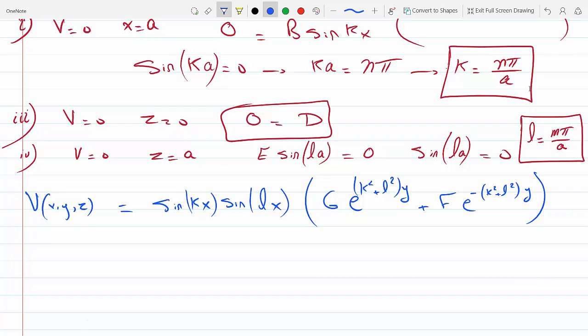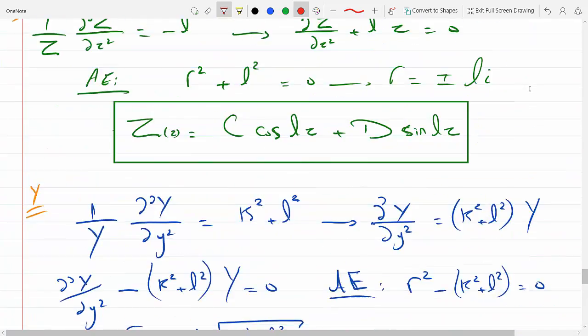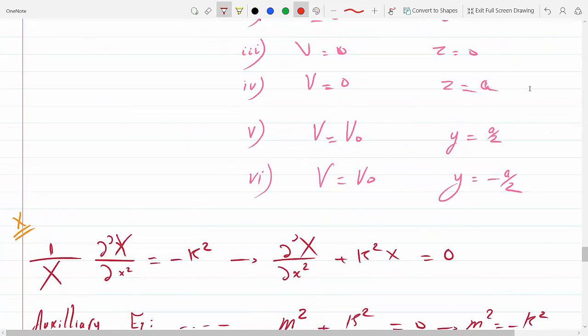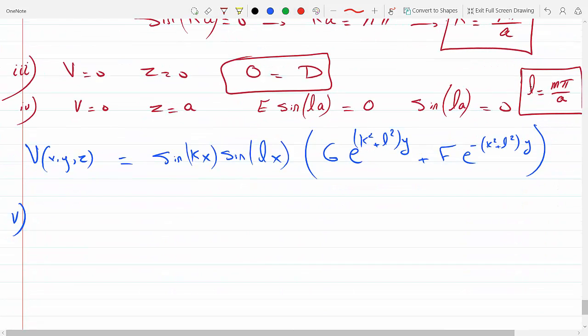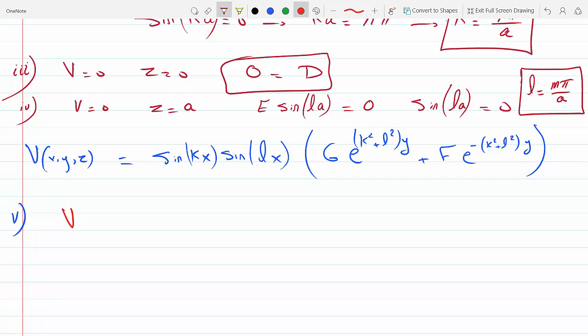What was my last boundary condition? Now I'm moving to boundary condition number 5. It said V equals V0 at y equals a over 2. So V of x, a over 2, z. I can plug in a over 2 for y.